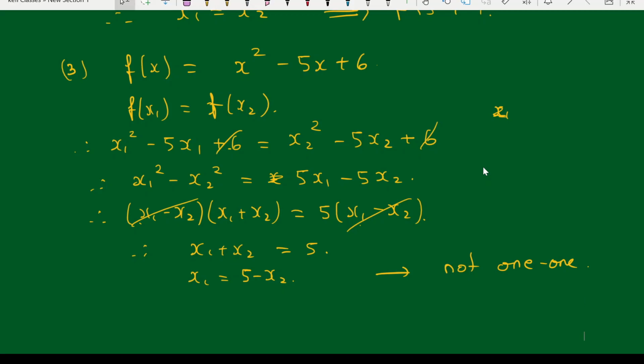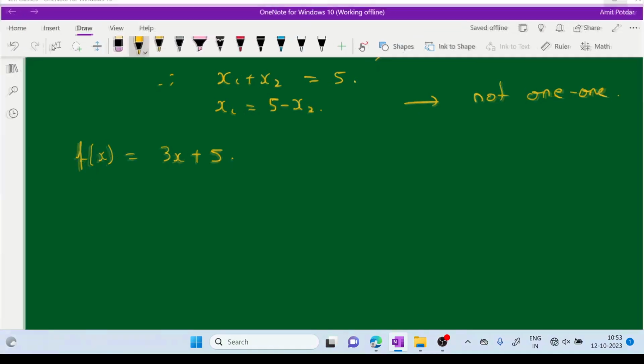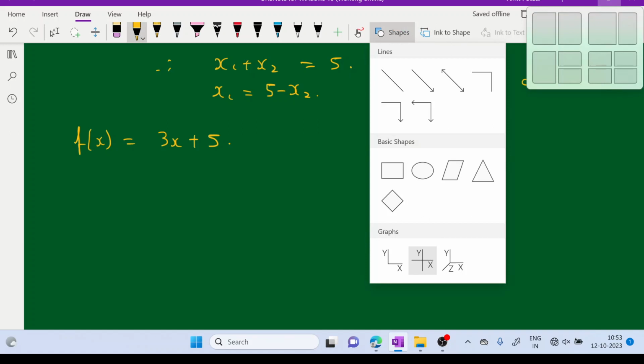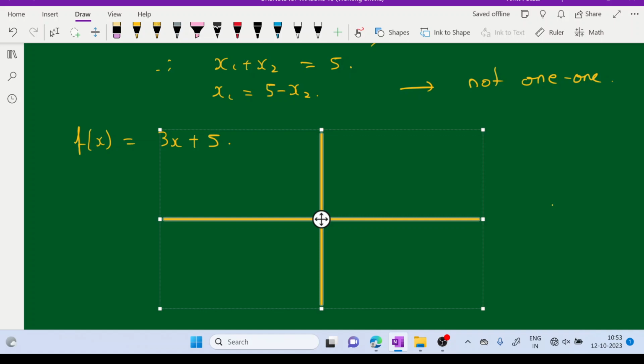Now, the functions we did just now, 2-3. What was the first one? F of x was 3x plus 5. So if you draw this one's graph, let's imagine this point is (0, 5).